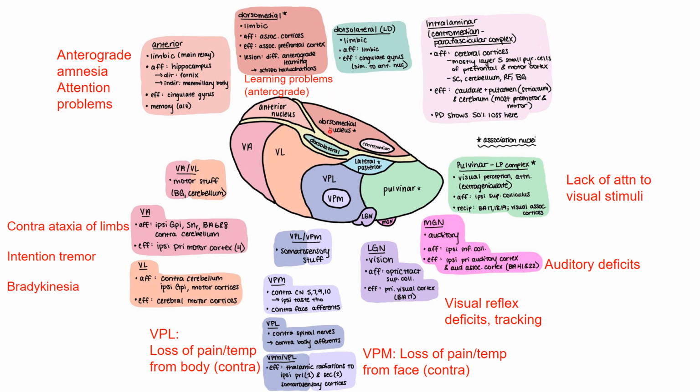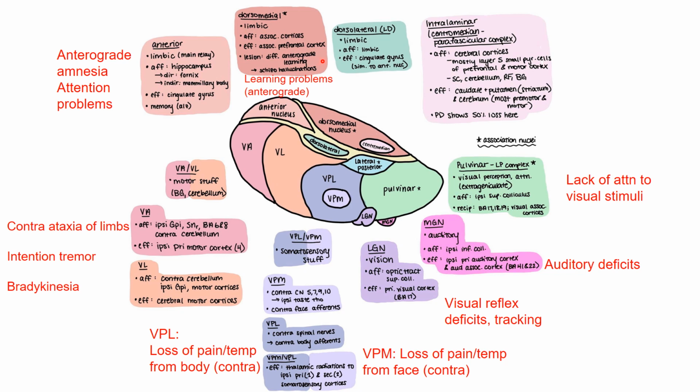Another, specifically the dorsomedial nucleus, also can cause anterograde learning issues because it's also part of this limbic sort of association cortex. So you're receiving all these association cortices and you're projecting out towards the associational prefrontal cortex. So you can have difficulty with anterograde learning.